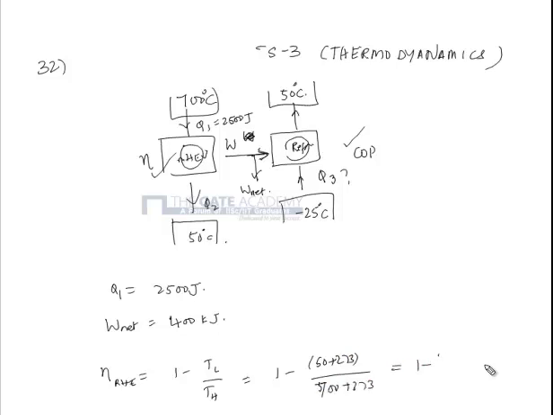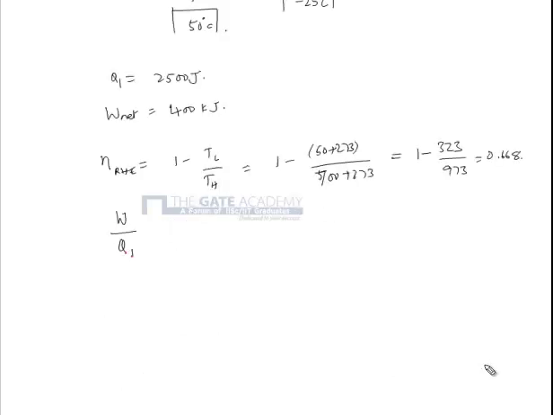So the efficiency comes out to be 1 minus 323 by 973, that is 0.668. We know the efficiency is the work done by the heat input. So the efficiency is 0.668 and W is 0.668 times the heat input, which is given as 2500 joules. So the work output is 1670 kilojoules.